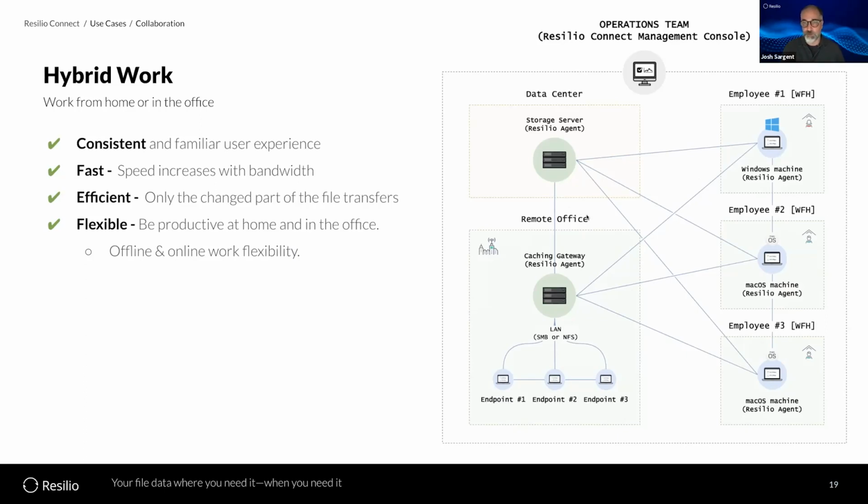When it gets into the office, it'll sync over the LAN or over Wi-Fi really fast. When it's at home, it's going to sync over the internet. And the agents auto detect this, and they're constantly reevaluating how they should be communicating with their peers. So there is no change for an end user to bring their laptop from home to the office and vice versa. It just keeps working the same way it always has. They don't have to do anything different. They don't have to change the mode.